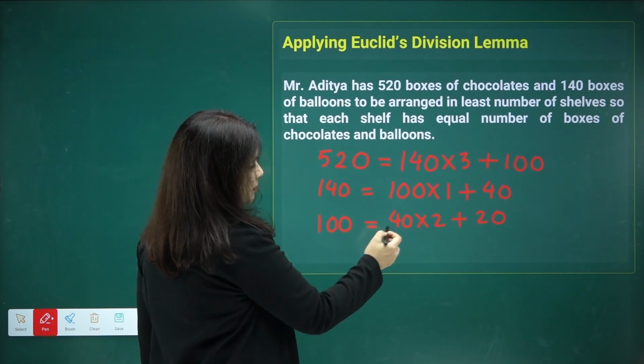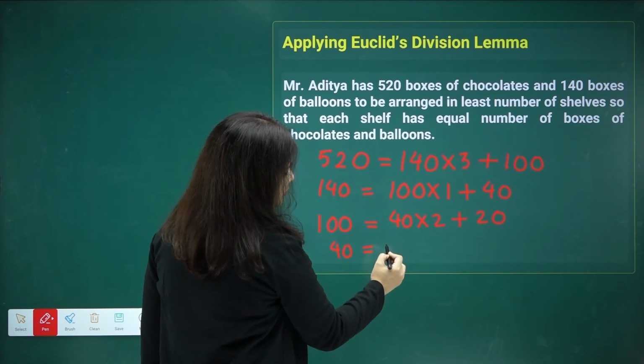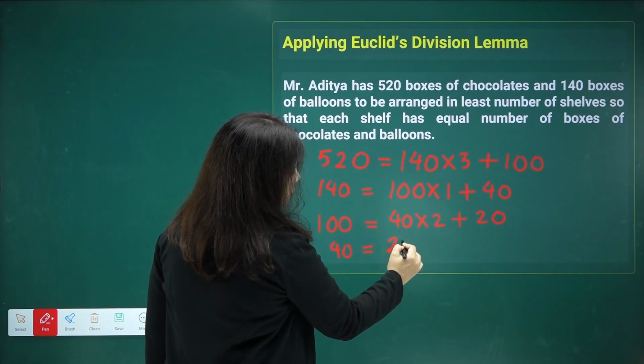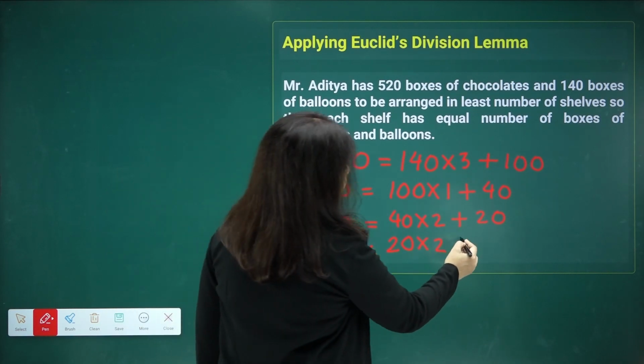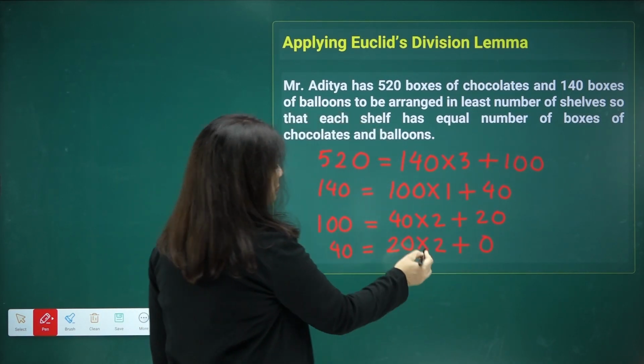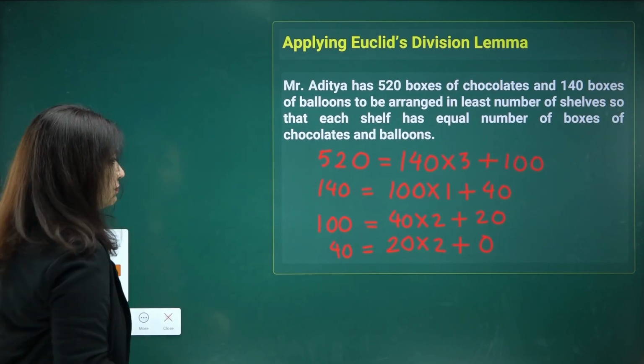Next step, I will use this 40, and this 40 will be divided by 20. 20 multiplied by 2 will give you 40, and since it's complete 40, the leftover will be 0. So what do we see?